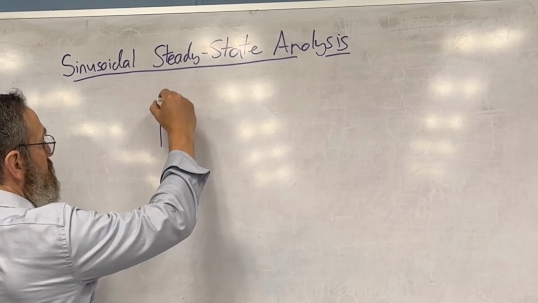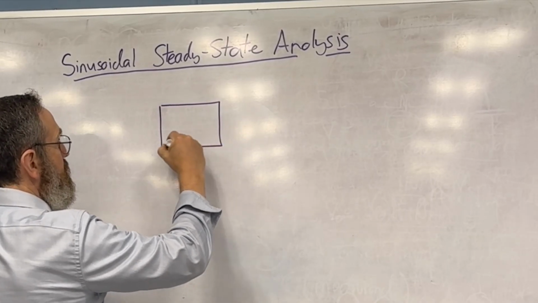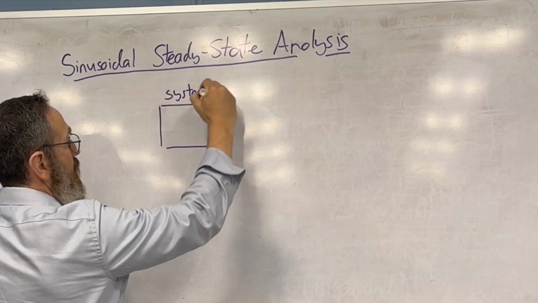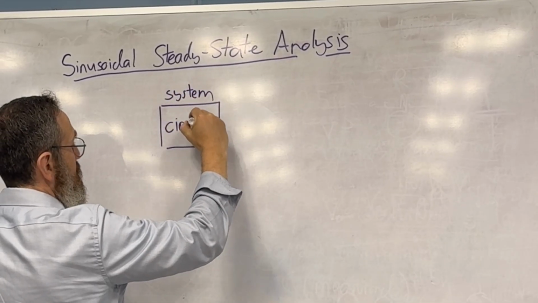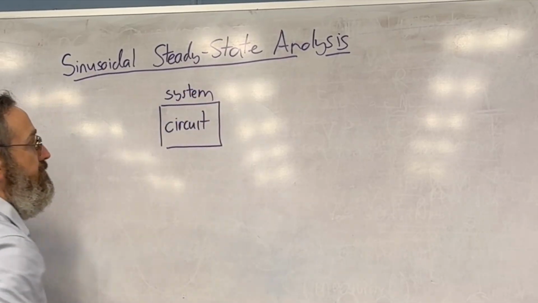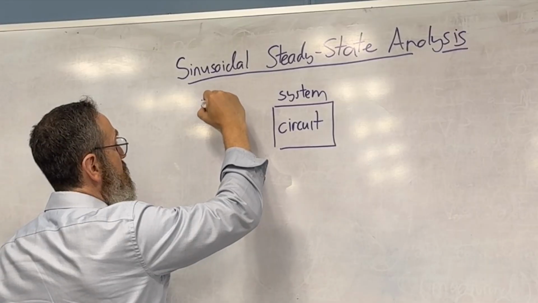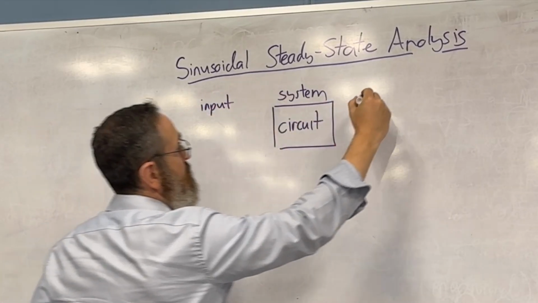Here are the rules. You have some sort of system, which in our case is going to be a circuit. There's an input, and there's an output.